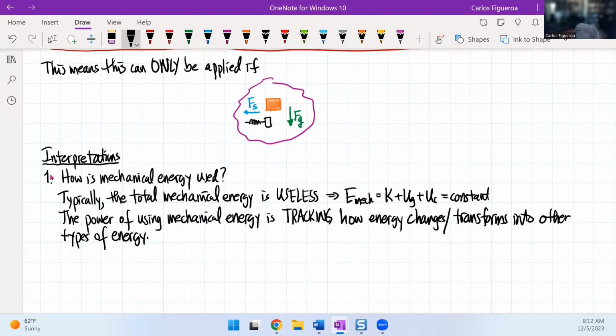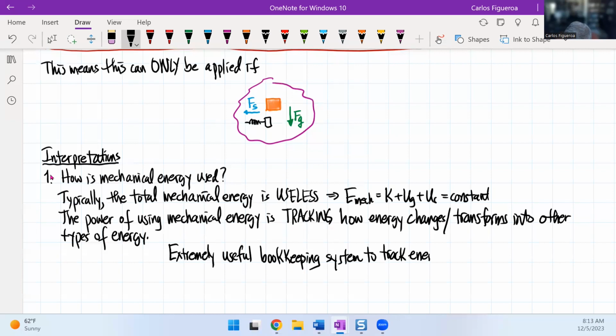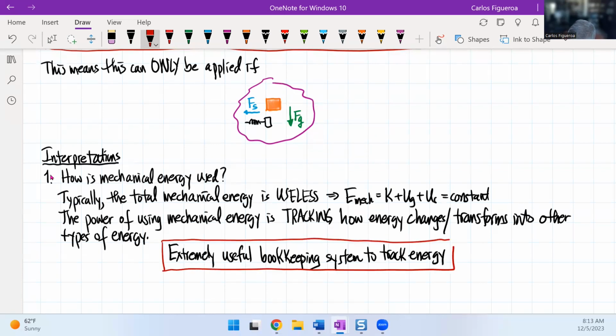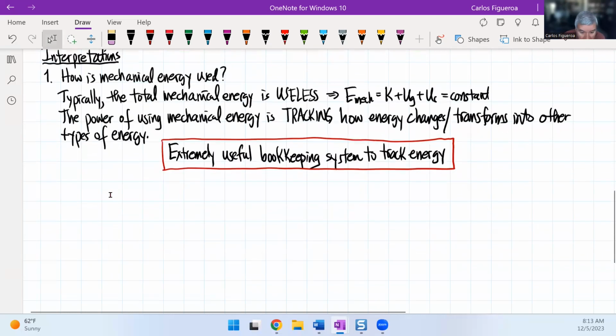So in essence, it's an extremely useful bookkeeping system to track energy. And I would say that this by far is the most important thing about conservation of energy. And you'll see in a minute when we start looking at bar diagrams.